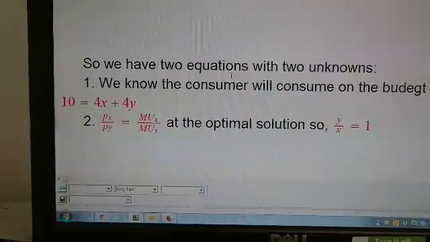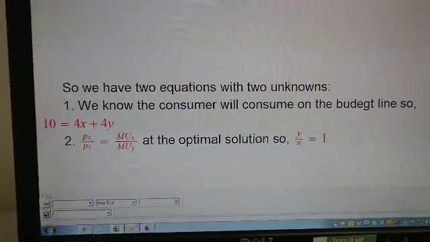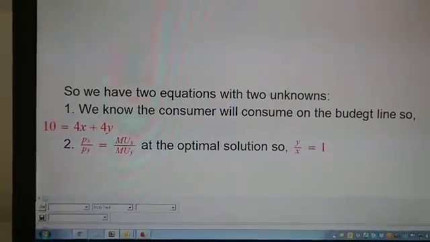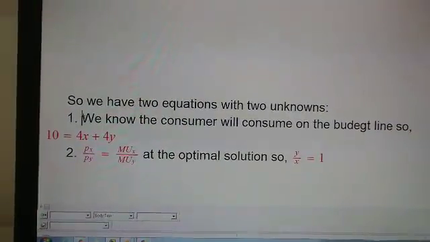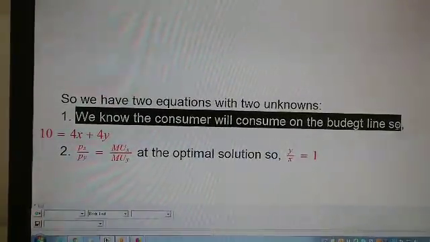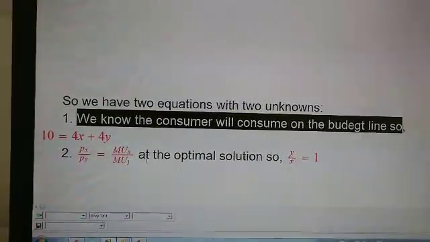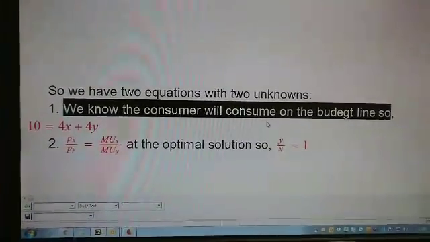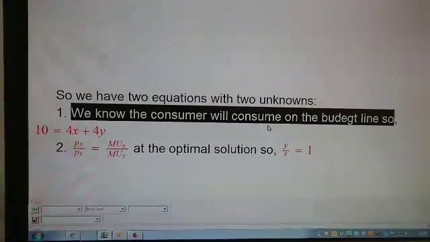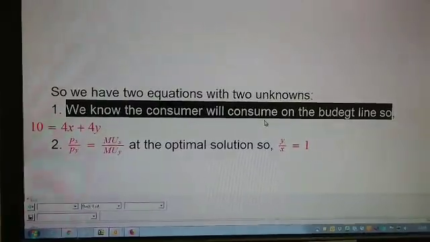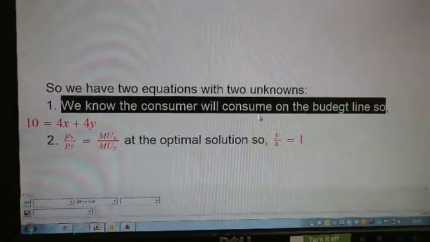Okay, so now we're ready to think about what's going to be the optimal solution. Because we have two equations with two unknowns. The first equation comes from the following fact. We know that the consumer will consume on the budget line because they're rational. They like both x and y. They want more of them if they can, so they're going to spend all their money.